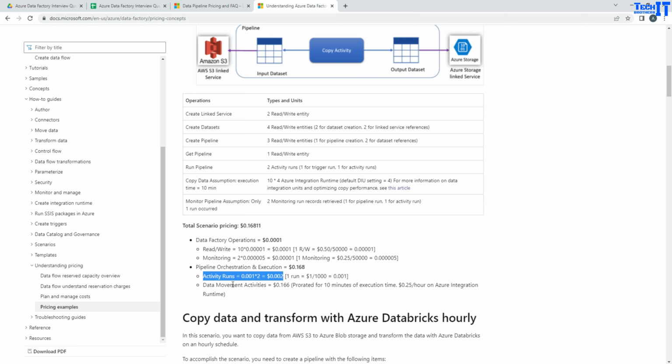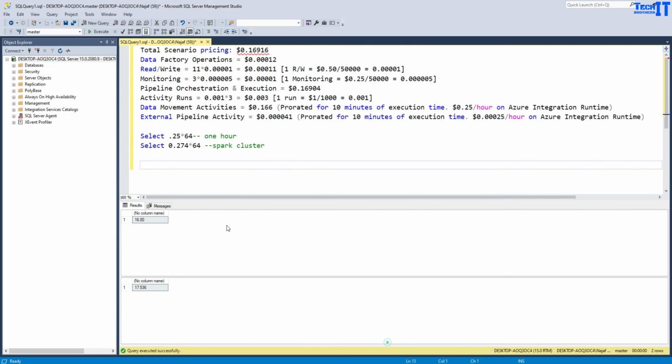So this is your orchestration, and then you're going to go to data movement activity. That means the actual copy activity. So there are charges of 0.25 per hour for each DIU. So 0.25 multiplied by DIUs. He did it for 10 minutes. So here the amount is going to be like this.